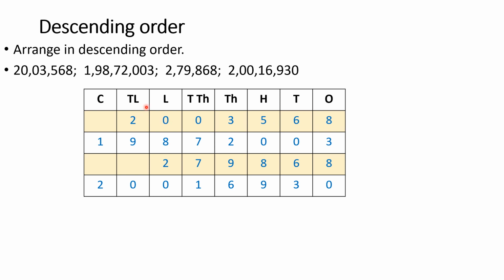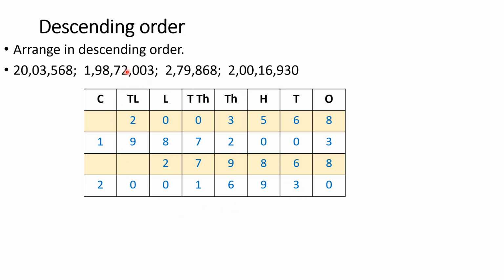As I already told you that we will start from ones place always. So we will write 8 at ones place, 6 at tens place, 5 at hundreds place, 3 at thousands place, 0 at 10,000s place, this 0 at lakhs place, and this 2 at 10 lakhs place. In similar way, we will write another 3 numerals in place value chart.